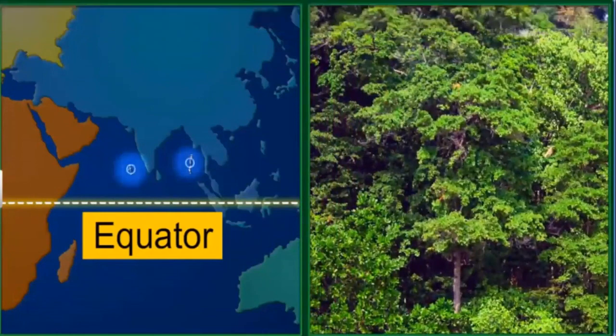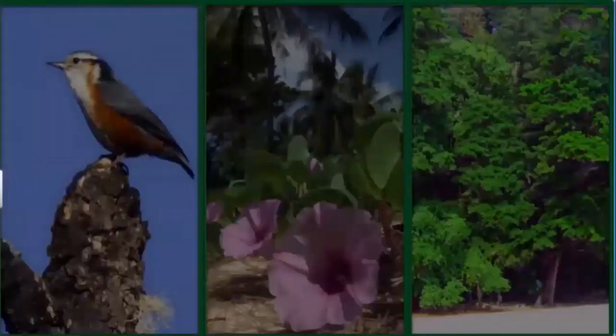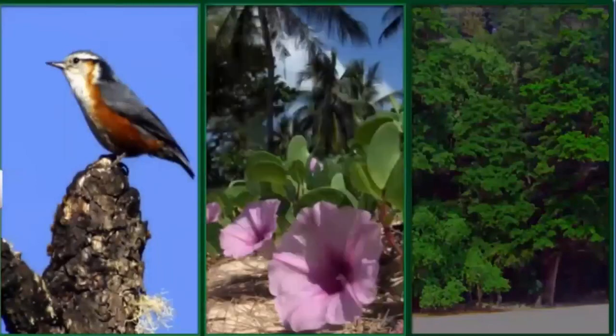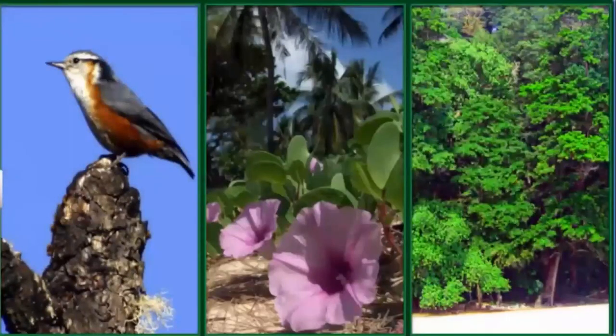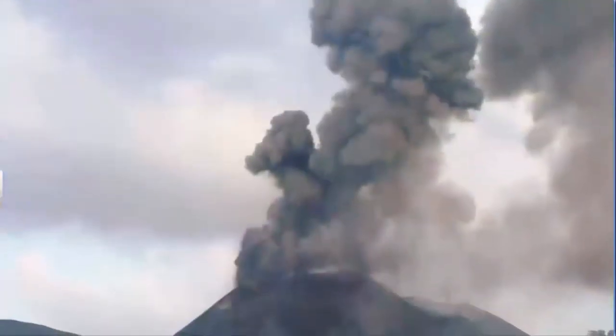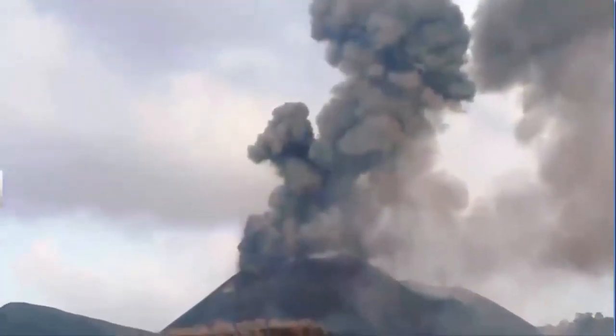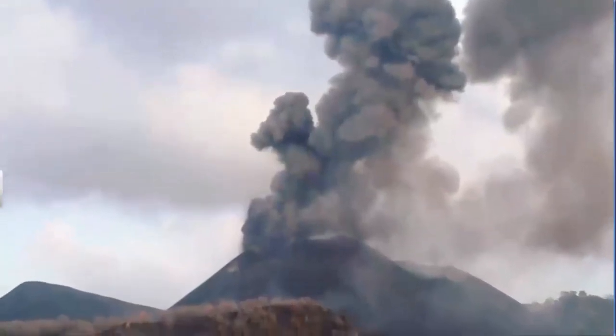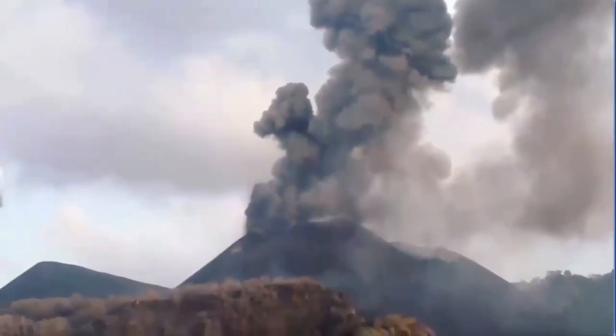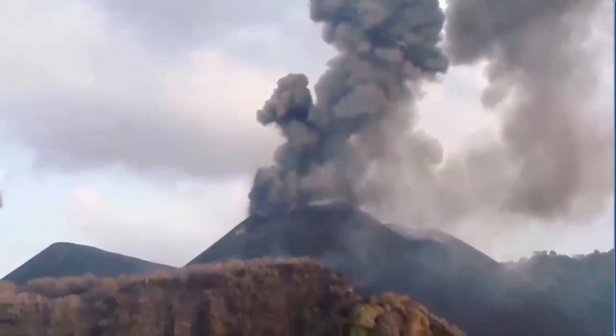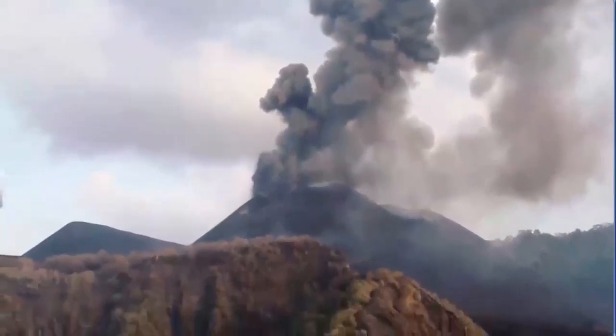Thus, like the Lakshadweep Islands, these islands display great diversity of flora and fauna as well. The most interesting feature of the Andaman and Nicobar Islands is that they house India's only active volcano. This volcano is located on the Barren Island.